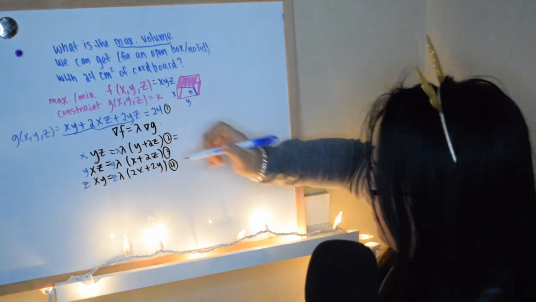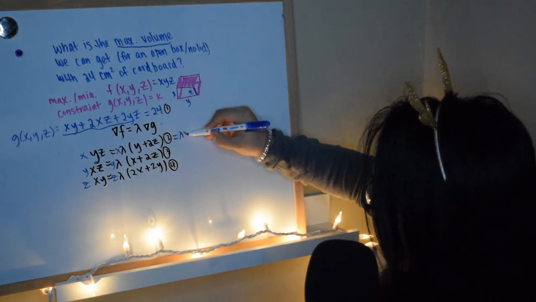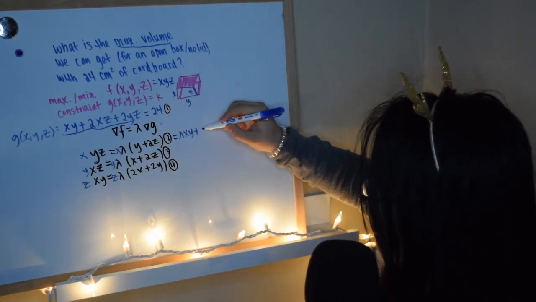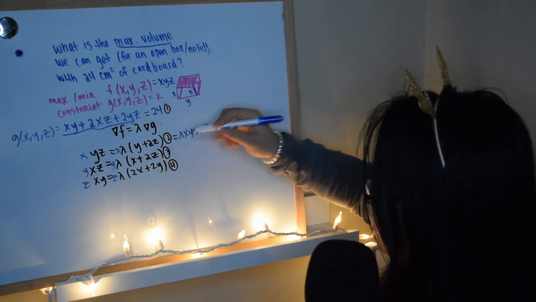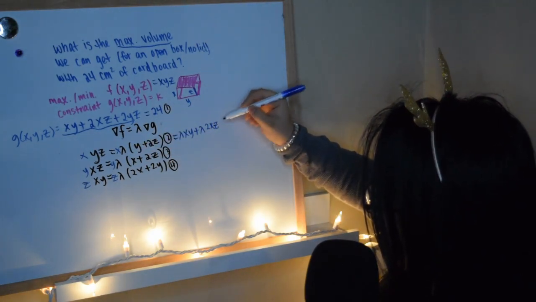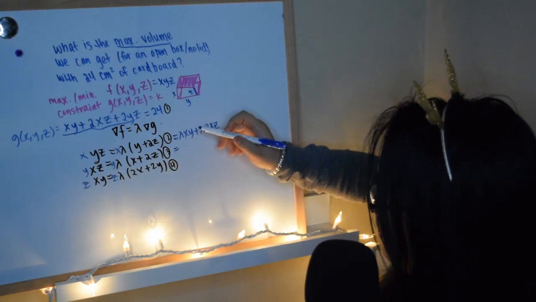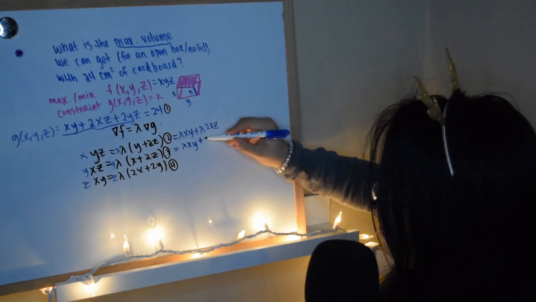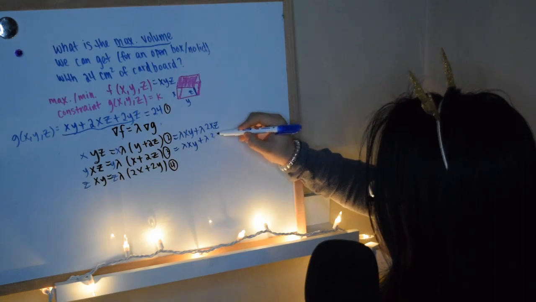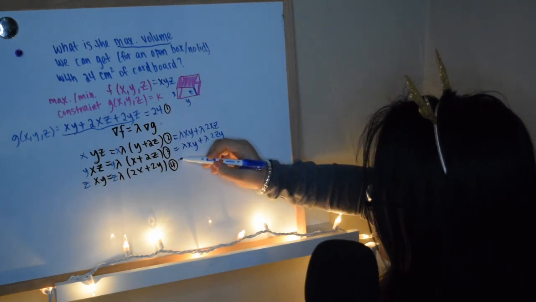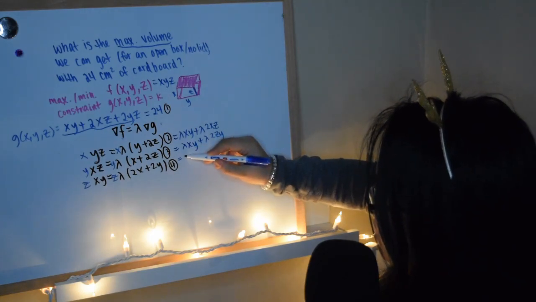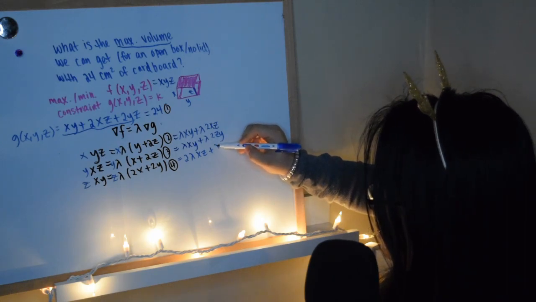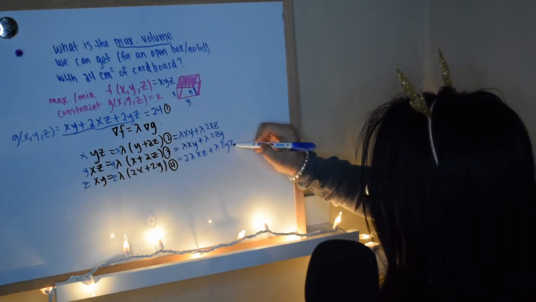But I have x, so lambda xy plus lambda 2xz, and then here I have lambda xy, which is good, plus lambda 2zy, and then 2 lambda xz plus lambda 2yz.